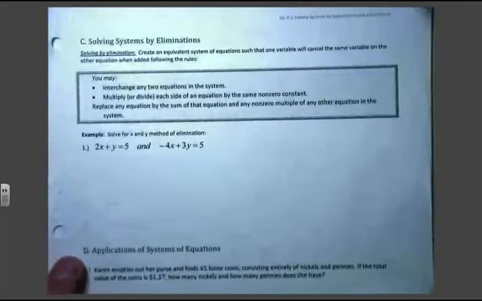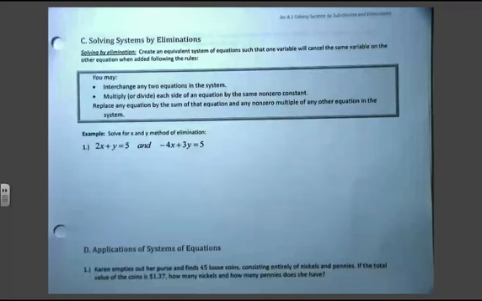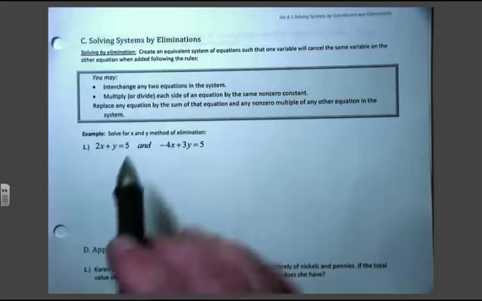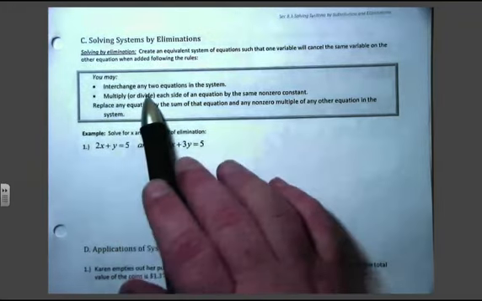The other method is the elimination method. Elimination method is, we have a whole class based upon this concept called linear algebra. The idea of lining up variables in terms of the equations. This is where they're using the elimination method. Okay, so what are the properties of the elimination method?